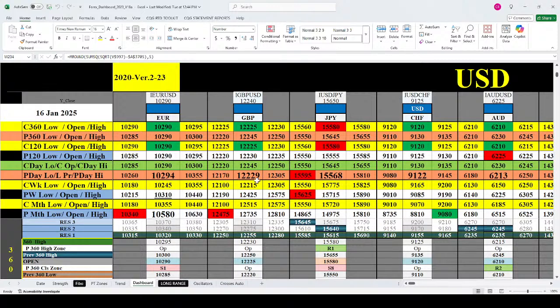Right now, market is trading at 12230. Okay, so market is trading at 12230, and we have a current low of 12220.